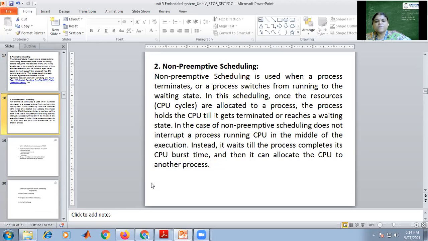Non-preemptive scheduling is used when a process terminates or a process switches from running to waiting state. That is, once the resources are allocated to the task, it will hold the CPU till it completes the task or goes to the waiting state.